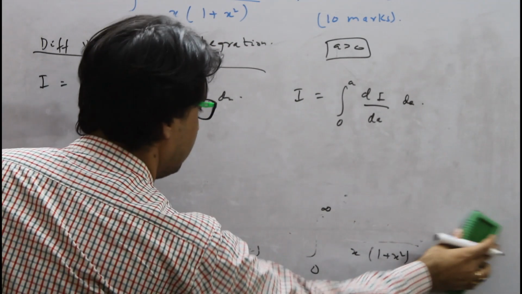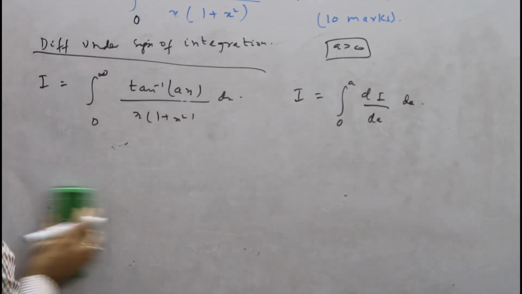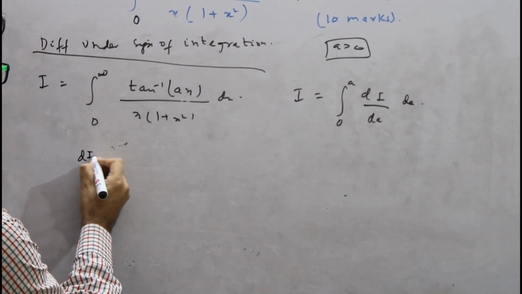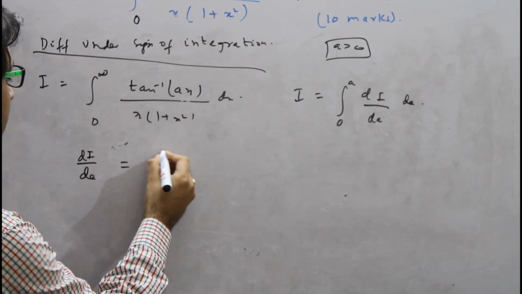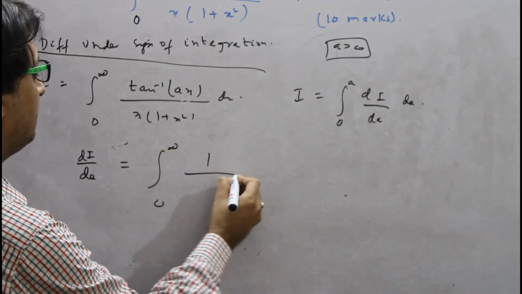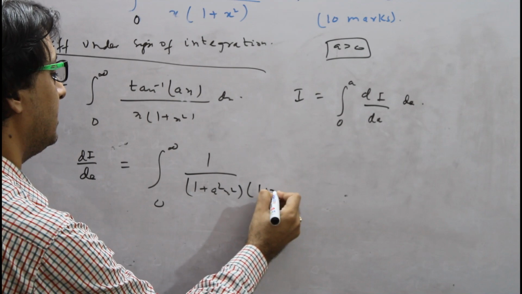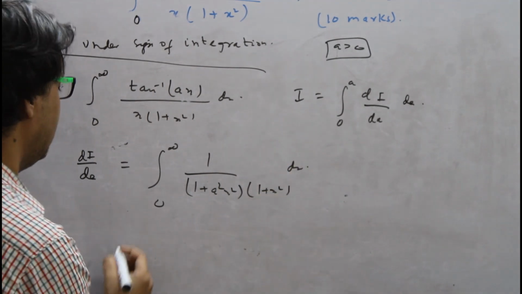So now we have got certain values. I am again going to use an important thing that I have done previously, that is integral 0 to infinity 1 by 1 plus a square x square into 1 plus x square dx.